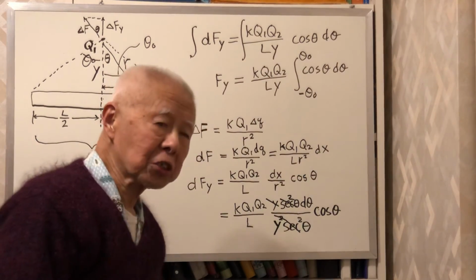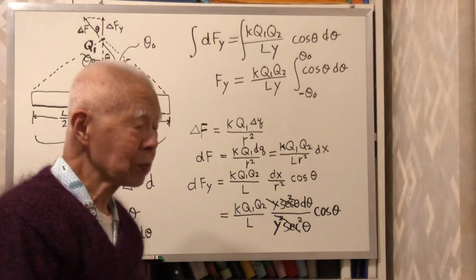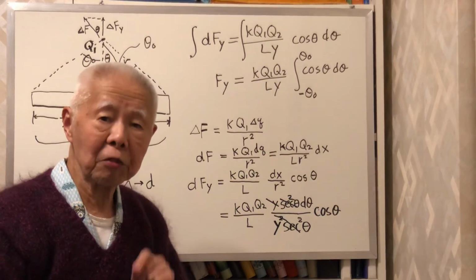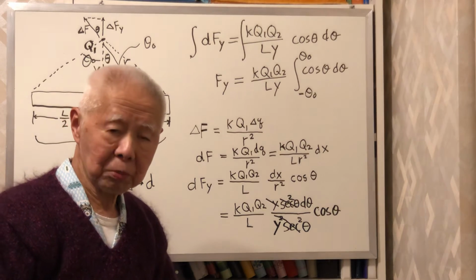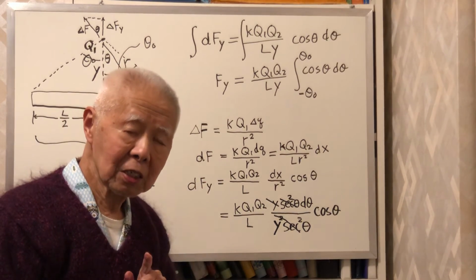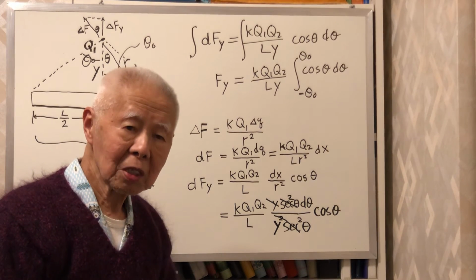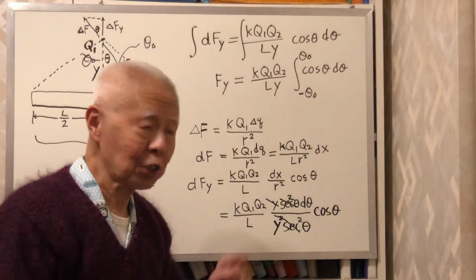Then we can use the same argument as last lesson. Cosine theta is an even function. You integrate an even function from negative a to positive a, the result is just 2 times the integration from 0 to positive a.